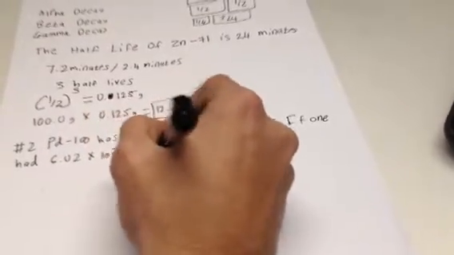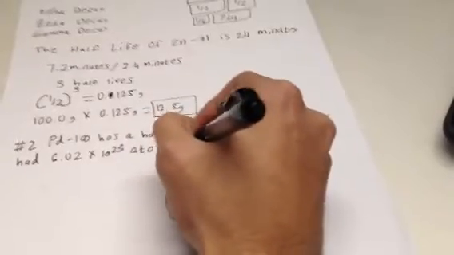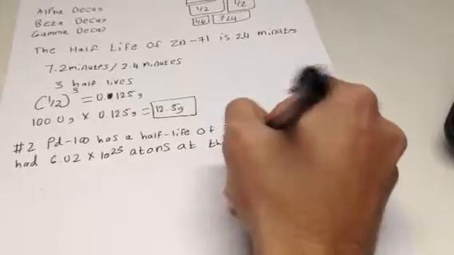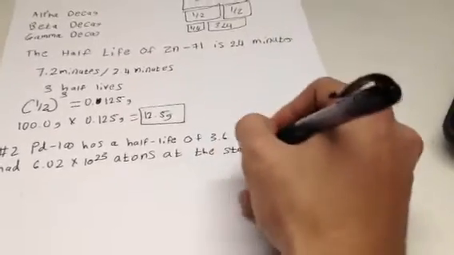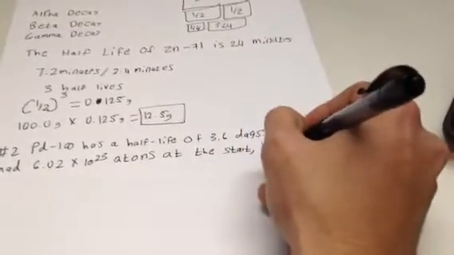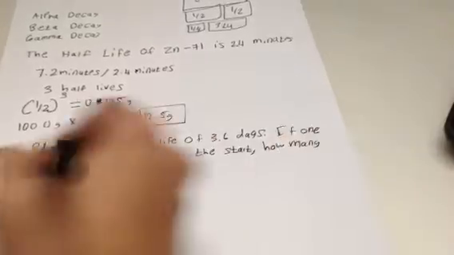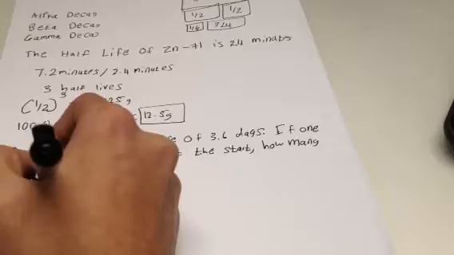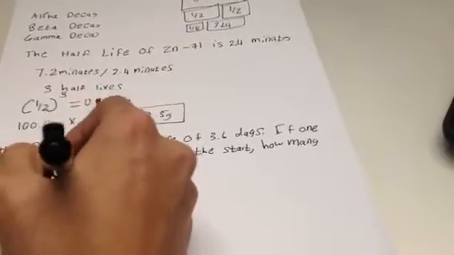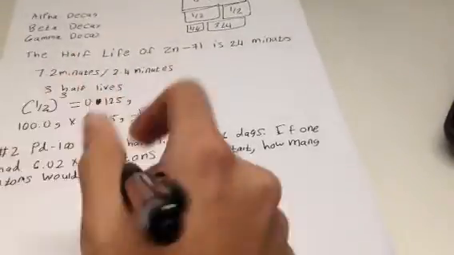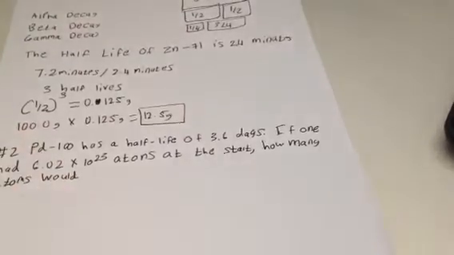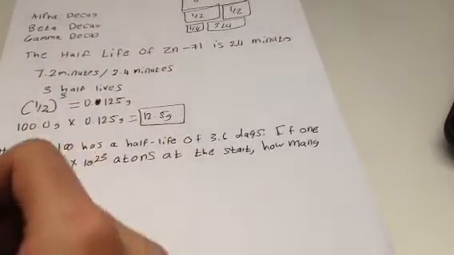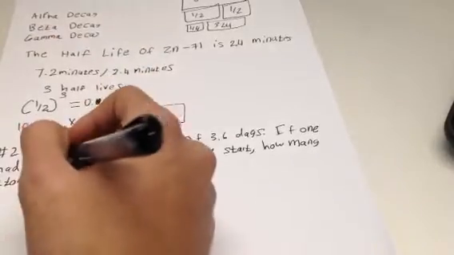That's a lot of atoms. At the start, how many atoms would be present after 20 days? So if you want to try and solve this, pause the video. If you want to just hear the solution, continue watching.